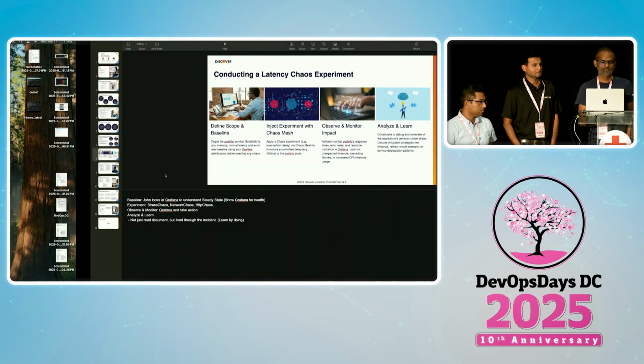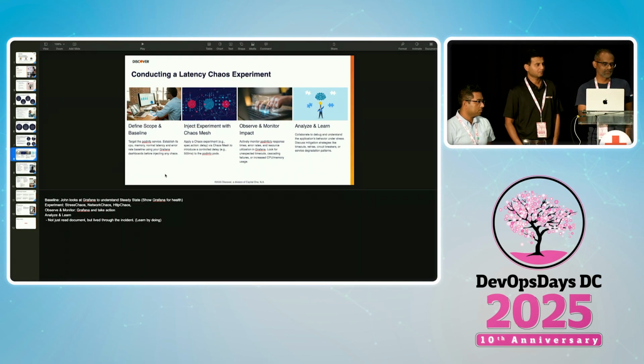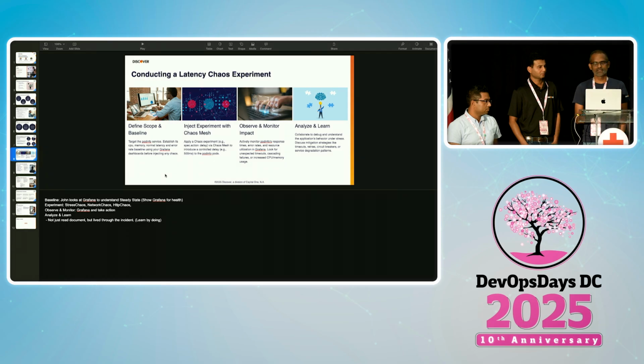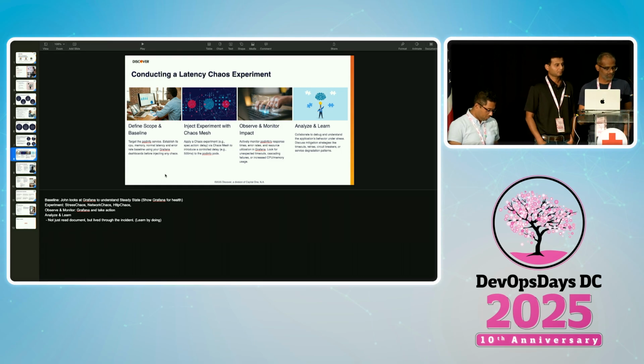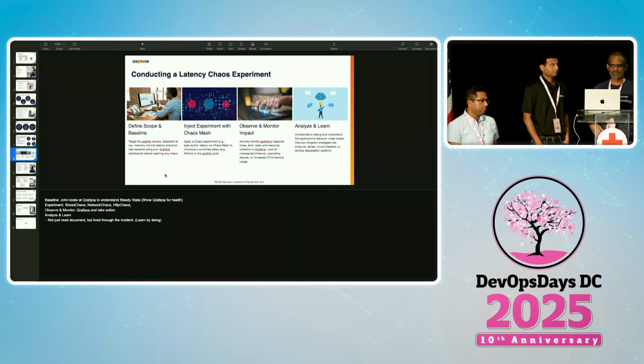So after a few weeks, all of a sudden the customers are experiencing slowness in the application. John has read about what needs to be done, based on our runbook.